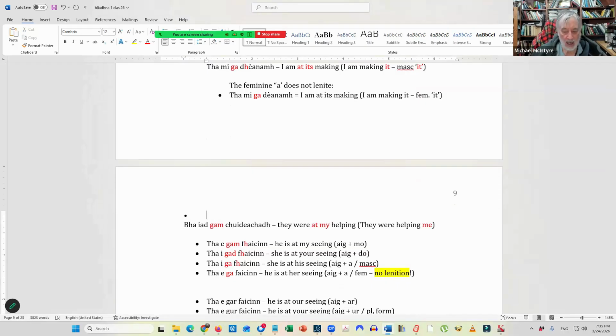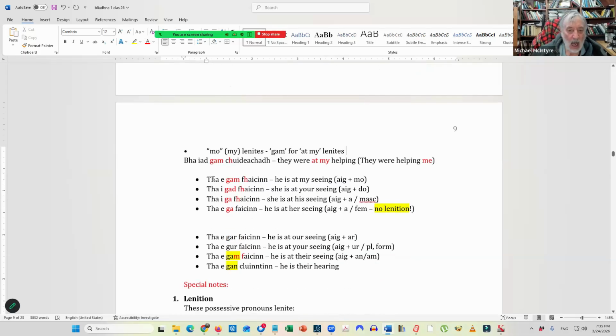So we know that mo, my, lenites. Here you'll note gum for at my lenites as well. So haegam echen, he is at my seeing.